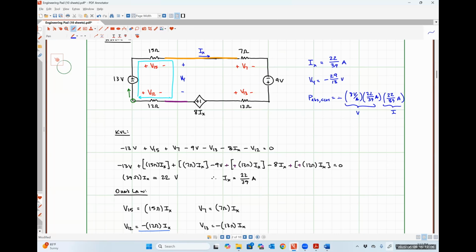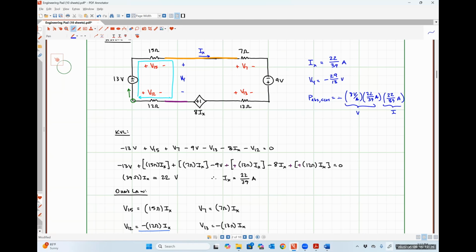We could have gotten it by calculating all of the other powers, and then whatever's left over was that guy, but that's a lot more work than V times I, and then just making sure that if the current's flowing into the negative polarity terminal and we're finding absorbed power, we add an extra negative sign.